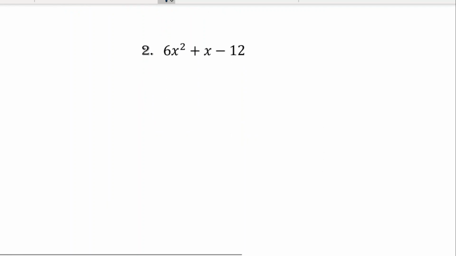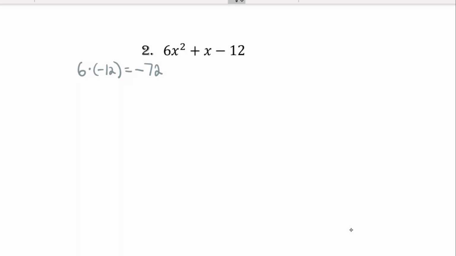All right, let's do another one here. Can I GCF this? No. Is it a perfect square trinomial? No. So I need to deal with the first coefficient there, 6, times, now be careful, this is a negative 12, so I need to multiply by negative 12, and here I get negative 72.